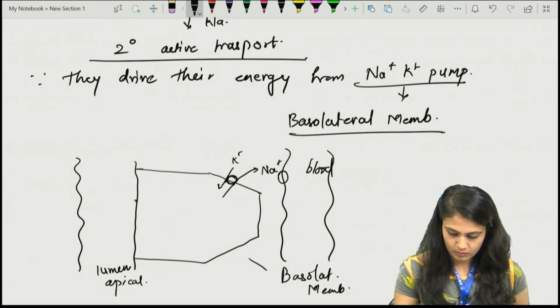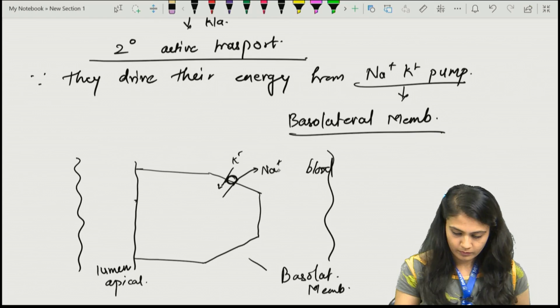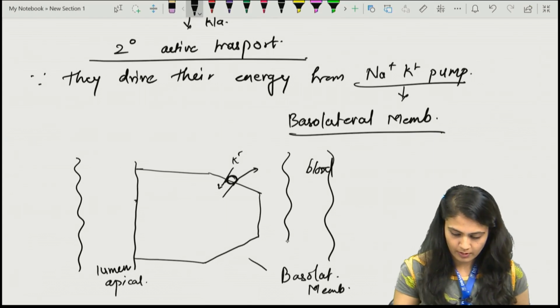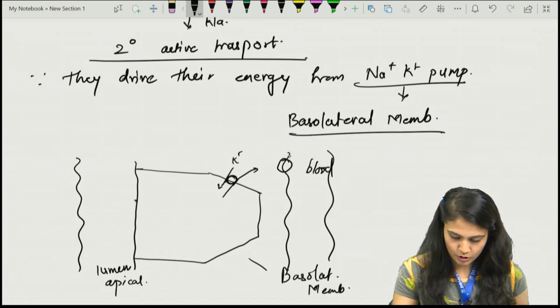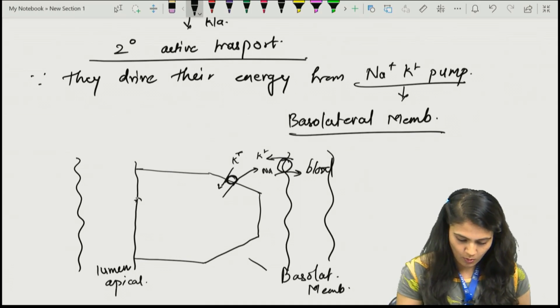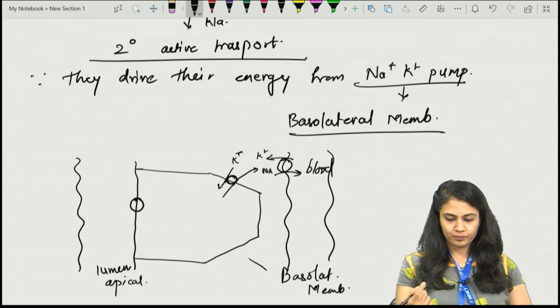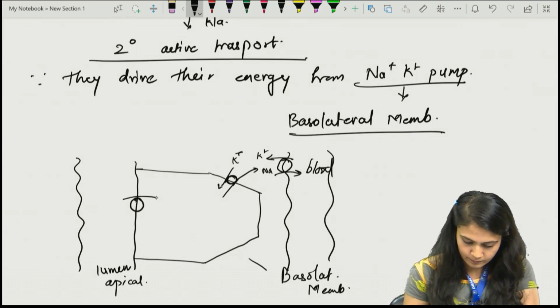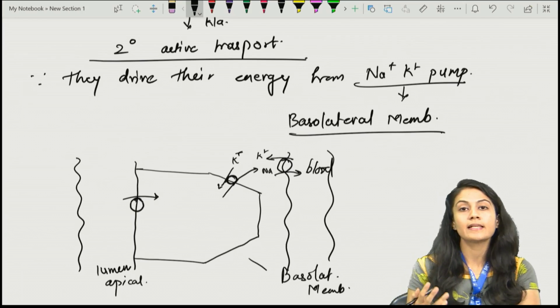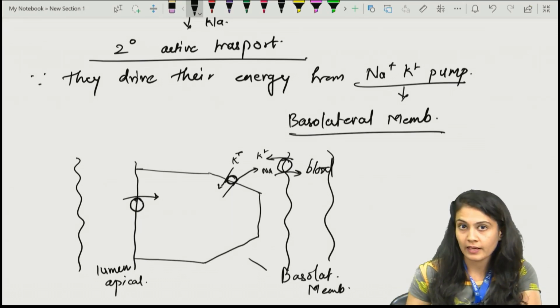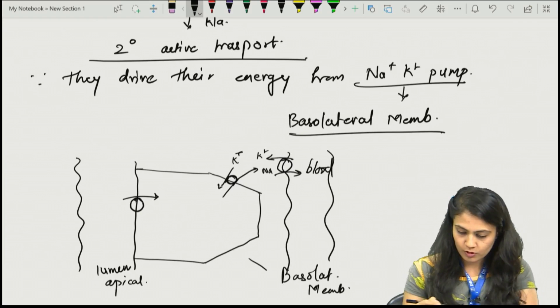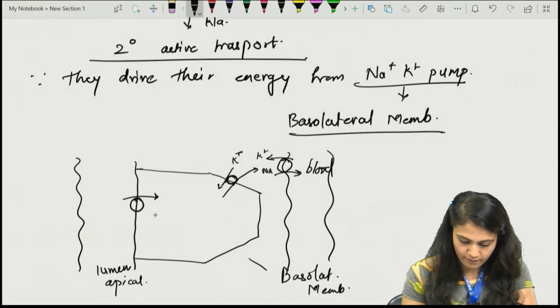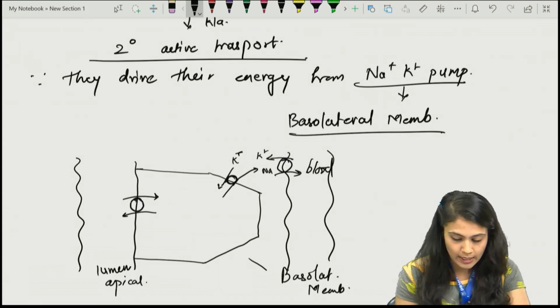If I have to draw in the blood, it also has the sodium potassium pump. So this potassium is going and this Na is going into the blood, while with the sodium, the SGLT channels are activated and derive their energy from the sodium potassium pump. And what happens if I draw the transport of hydrogen ion in the kidney?